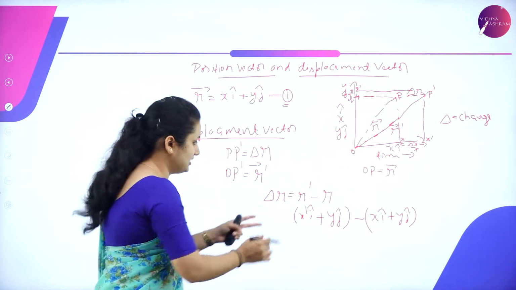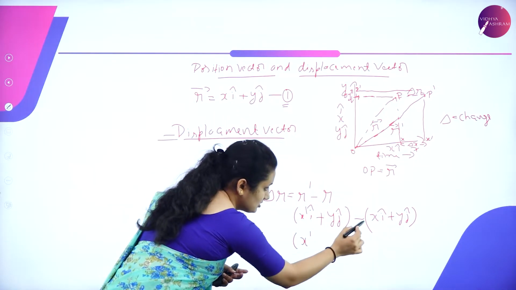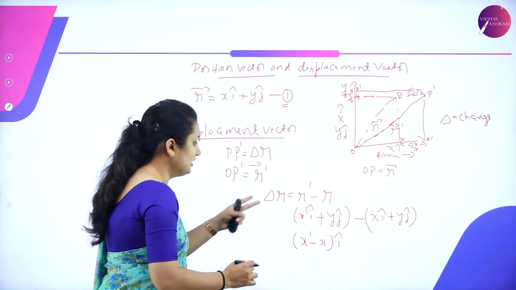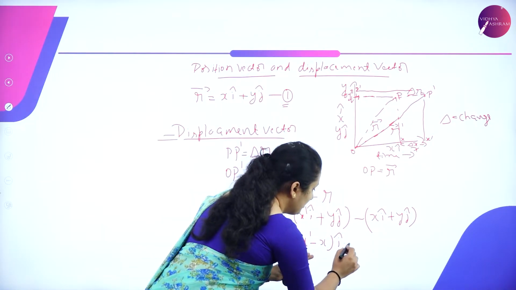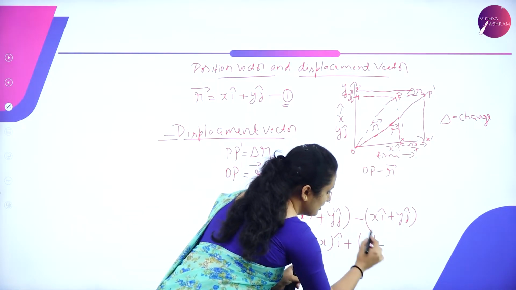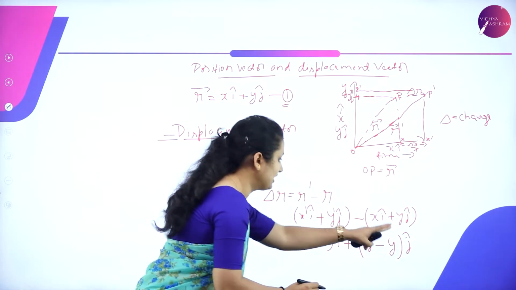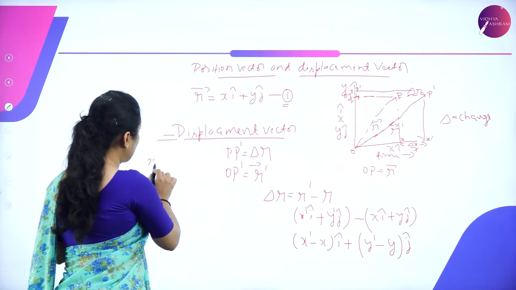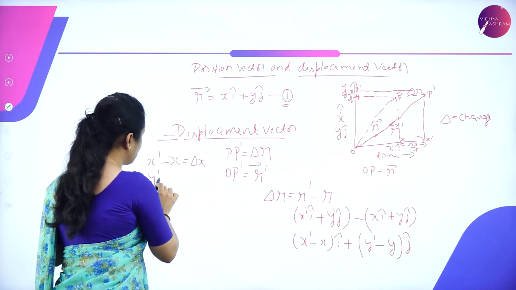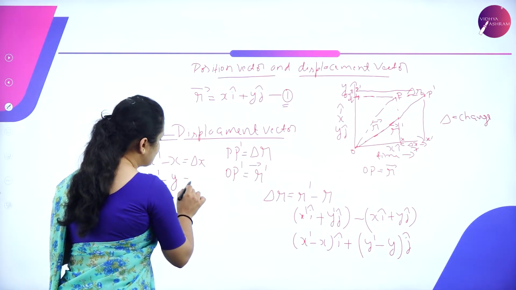Bringing the x terms together, I get x dash minus x, with i cap taken common. Then plus y dash minus y, with j cap taken common. So x dash minus x is nothing but delta x, and y dash, the final position minus the initial position in the y axis, gives delta y.